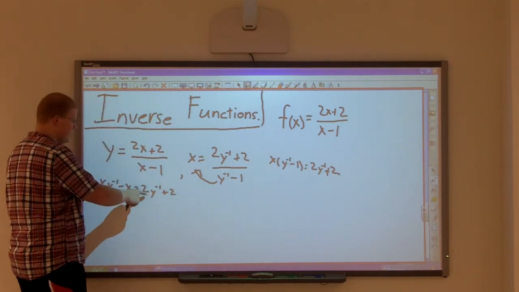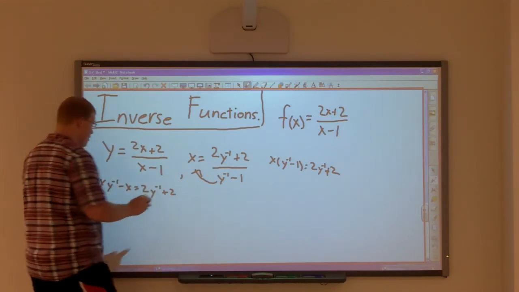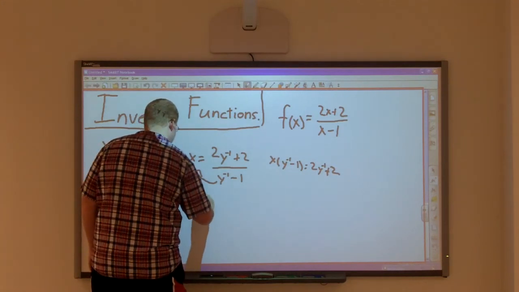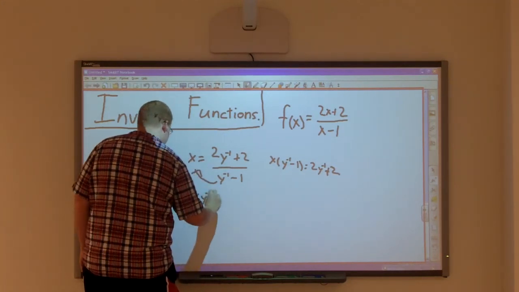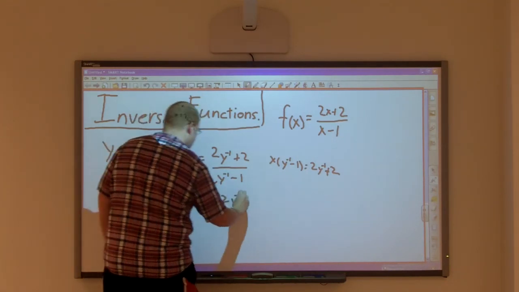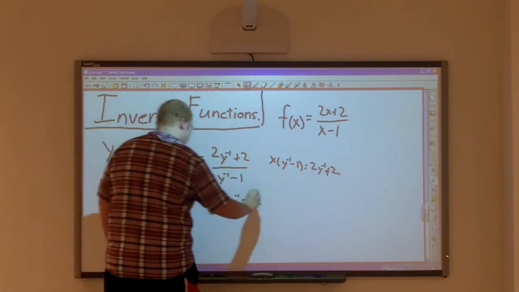Now I'm going to subtract 2y inverse over to the other side and add x to the other, so that we get x y inverse minus 2y inverse is equal to 2 plus x.